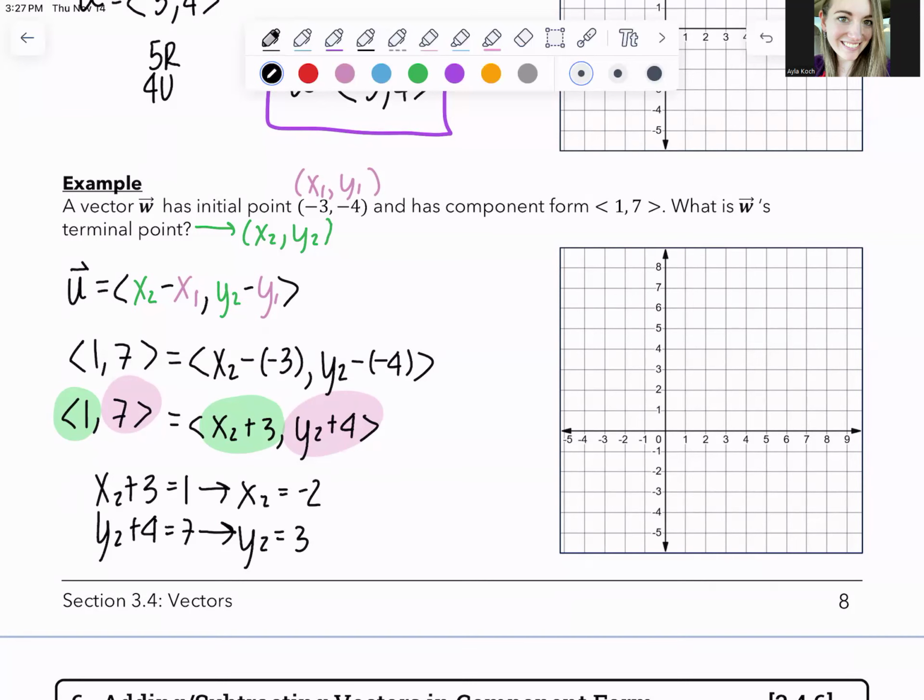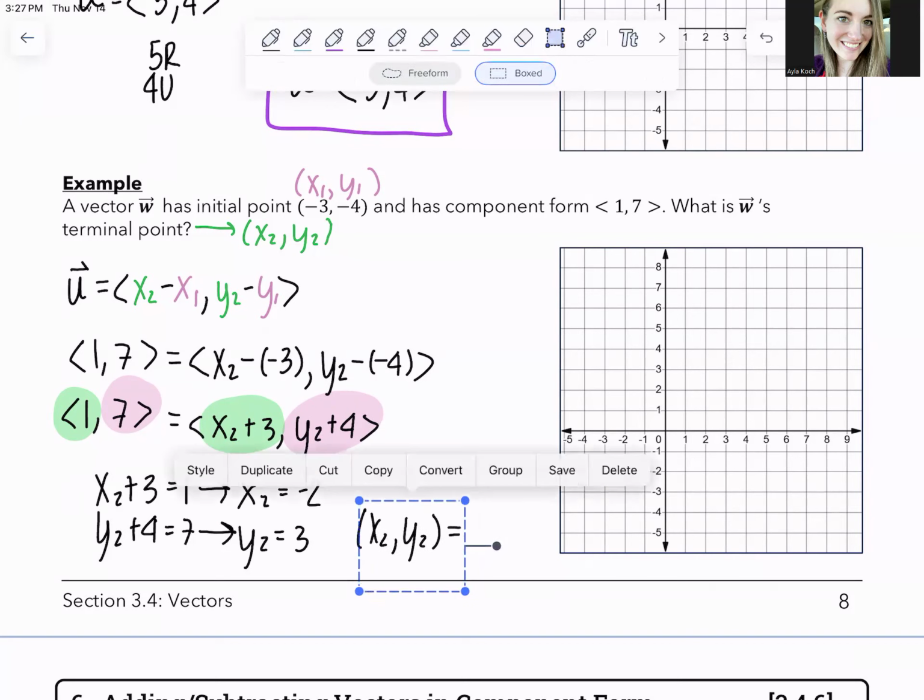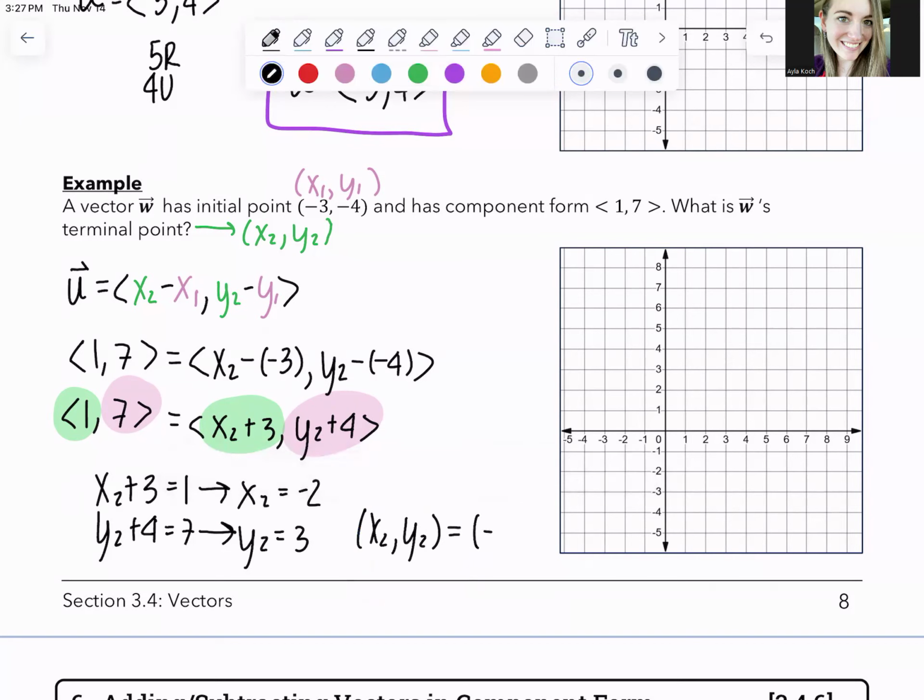So the terminal point x2 comma y2 should be, before the toddler walks in, -2 comma 3. That should be your terminal point. Let's find out. So we have point -3, -4. That's right here, initial point. We know the vector is the vector 1, 7.